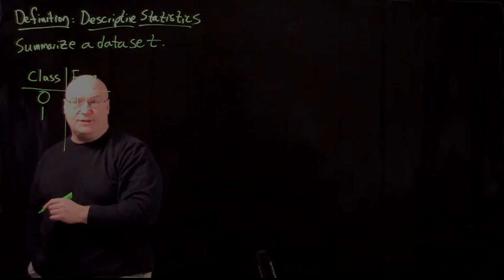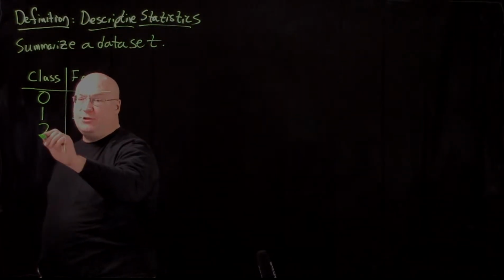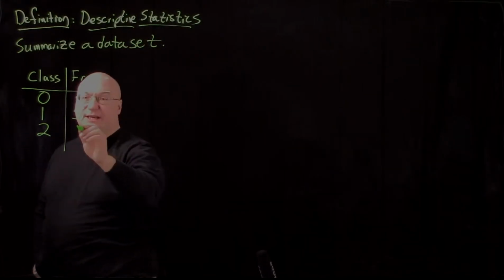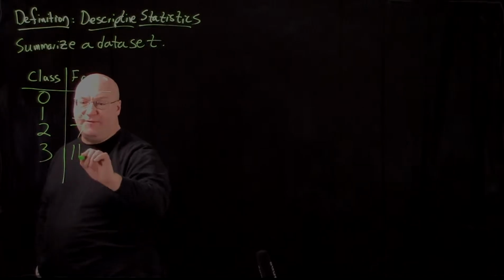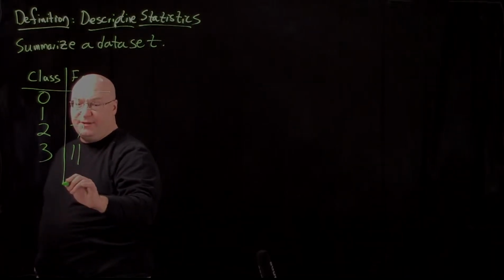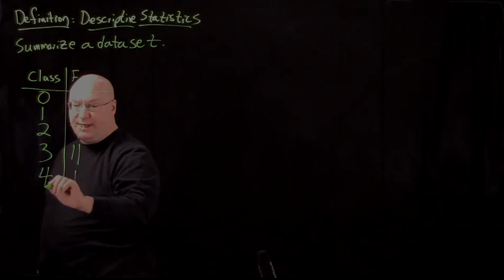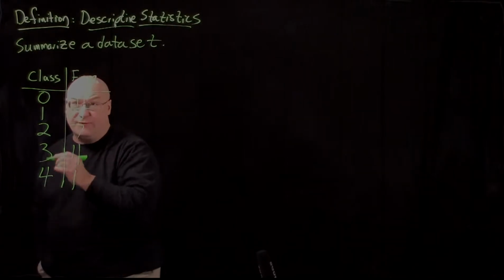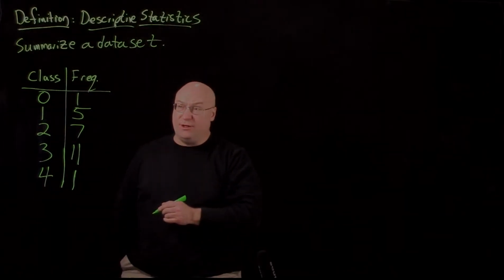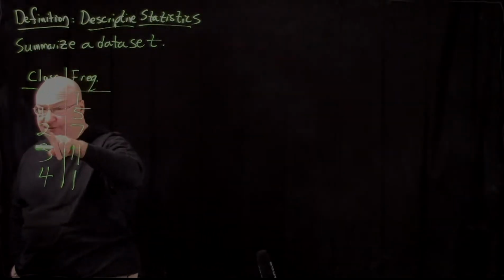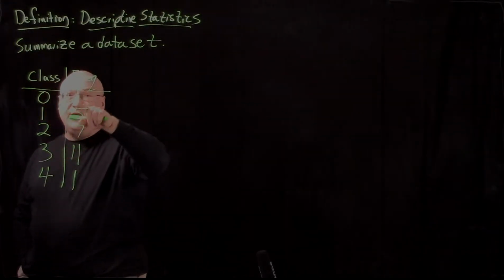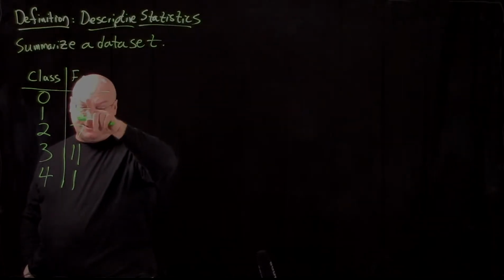There are 5 couples that have just one phone. For 2, there are 7. For 3, there are 11, and there's one couple that has 4 phones, and I think that accounts for all of the 25 in our data set. These are the data values, and these are their frequencies.